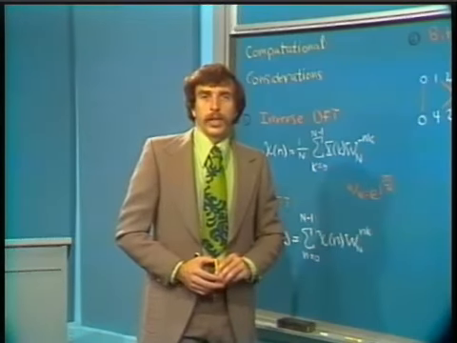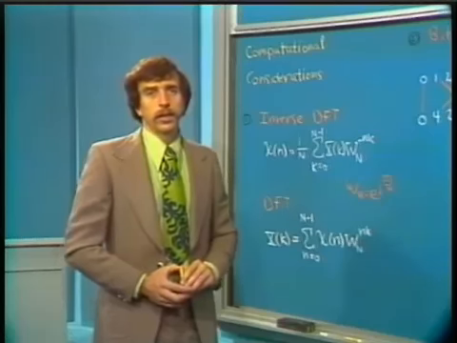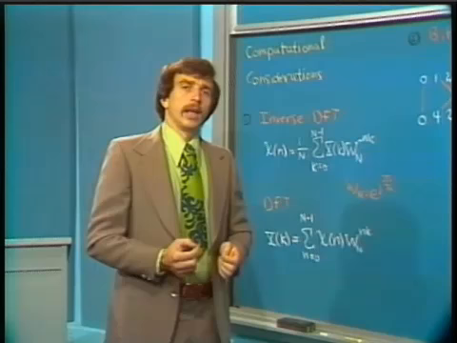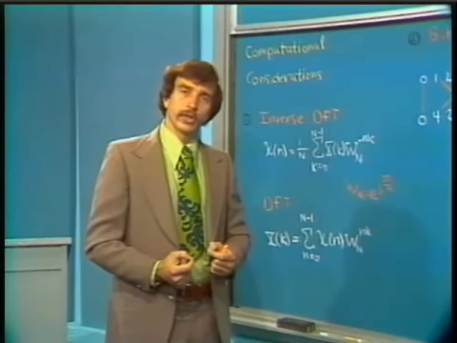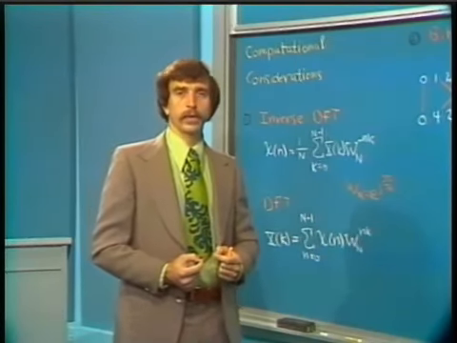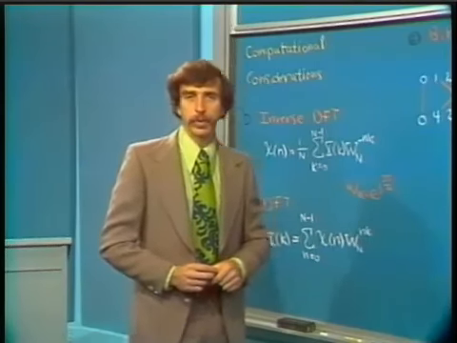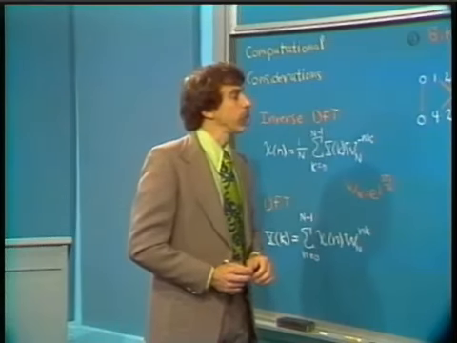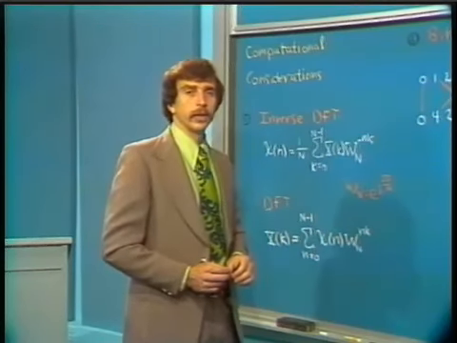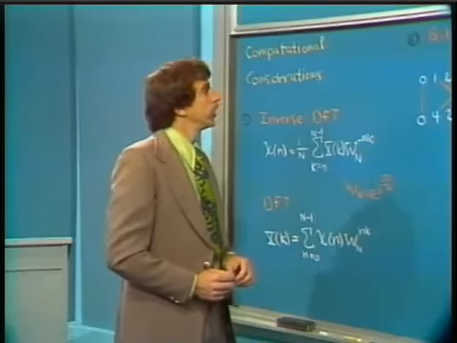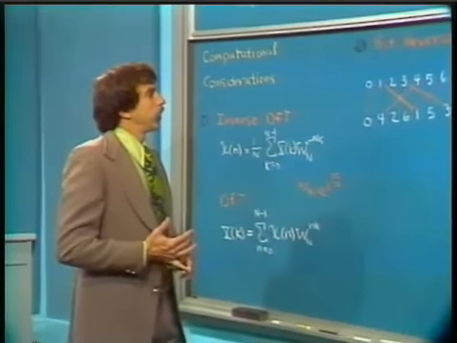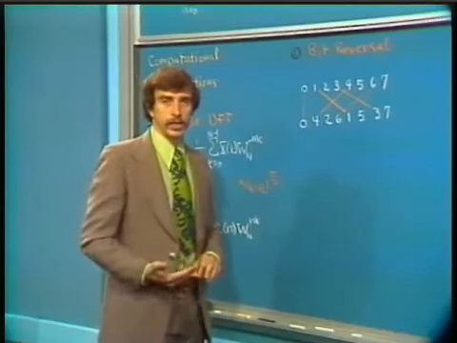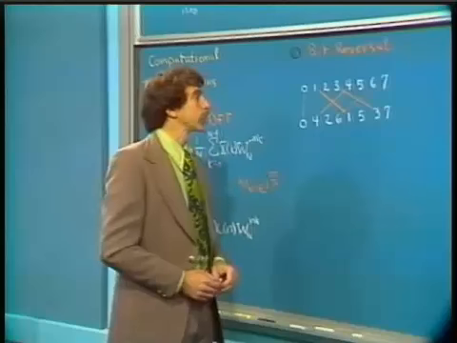The second issue is that, as we've seen in essentially all of the algorithms of practical interest, they involve either bit reversal at the input to the flow graph or bit reversal at the output of the flow graph. Bit reversal, again, is a relatively straightforward thing to implement. First of all, it is important to recognize that bit reversal is an in-place computation, if we think of it as a computation.